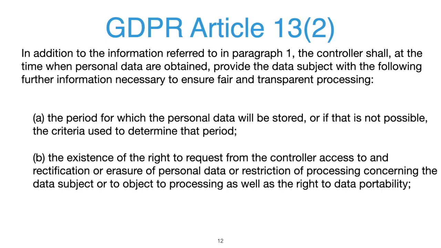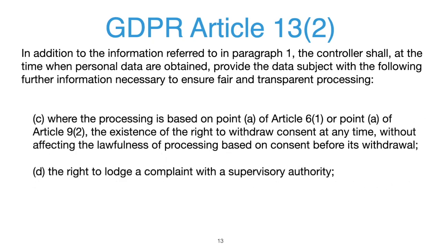The controller must also then tell the data subject about the various rights that they have. That includes the right to access and rectification and erasure. So the data subject must be informed up front of the rights that he or she has.